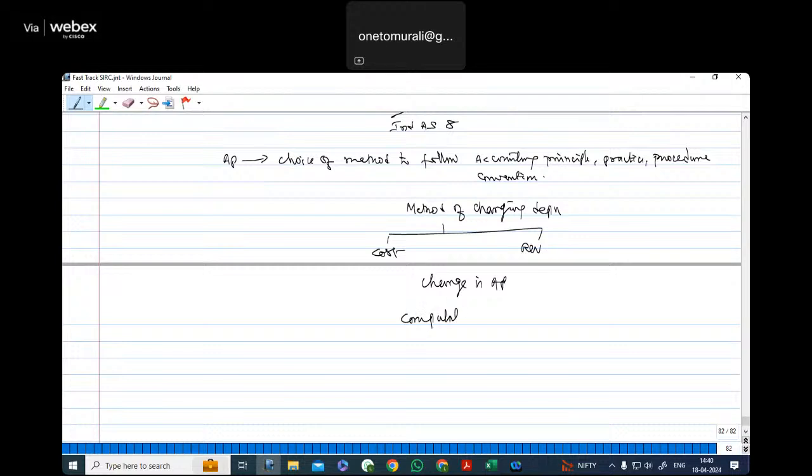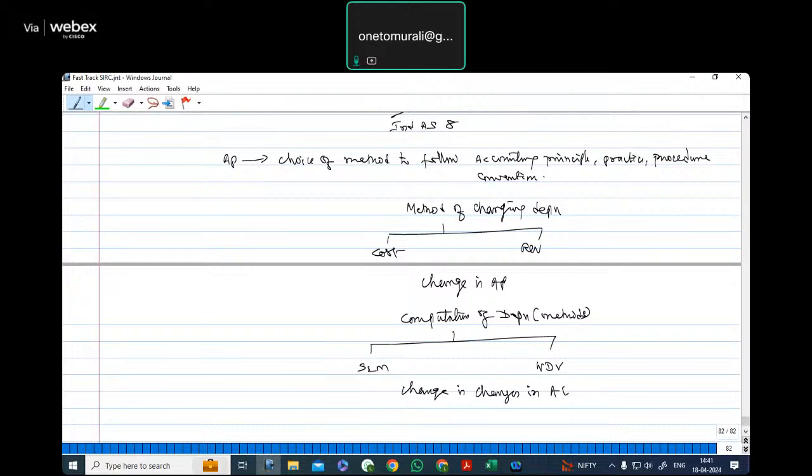Computation of depreciation, the methods from SLM to WDV, such a change is a change in accounting estimate.